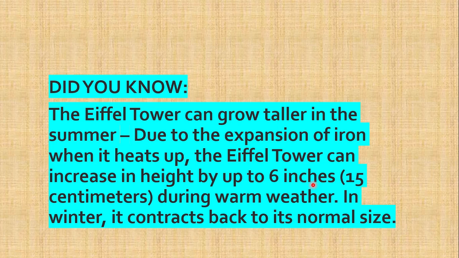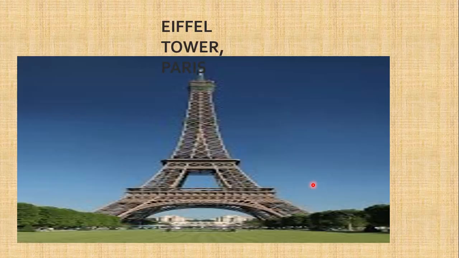That is a very beautiful dynamism. Think about expansivity. Remember in physics, when you were discussing linear expansivity, cubic expansivity, and all of that, that's what is happening here. So the Eiffel Tower in Champ de Mars, Paris.